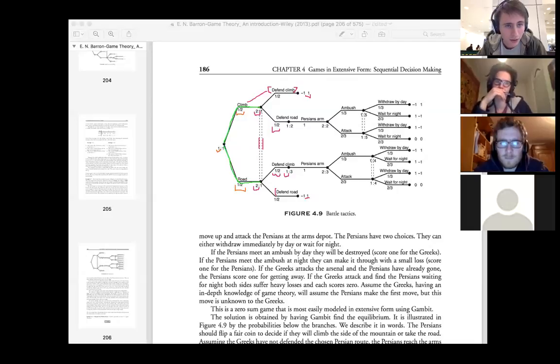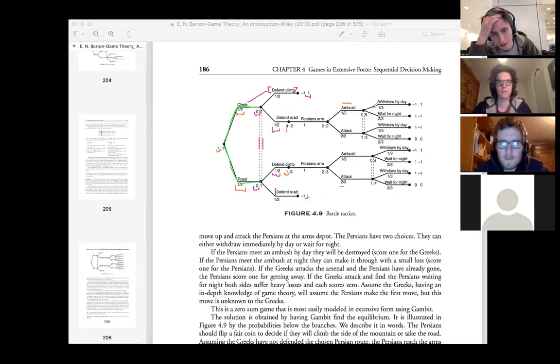So now the next part is, it's up to Persia again. So we have, what color was that? Okay. So now we're back on player one. They either ambush or they attack, right?